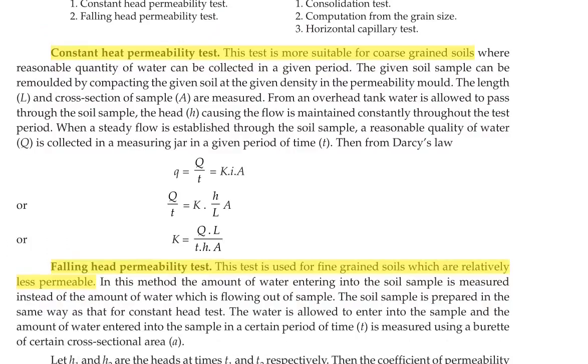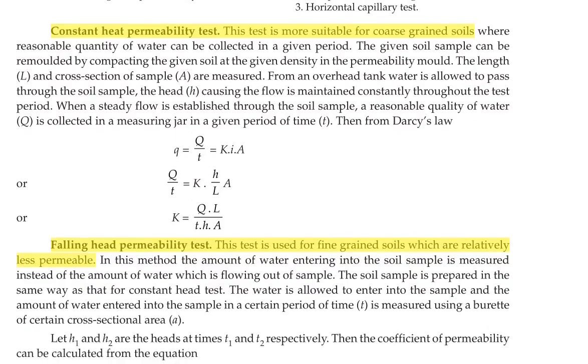This test is more suitable for coarse grained soil only. The formula for constant head permeability test, K is equal to QL divided by THA, where Q is the quantity of water, L is the length, A is the cross section of the sample, T is the given period of time, and H is the total head.